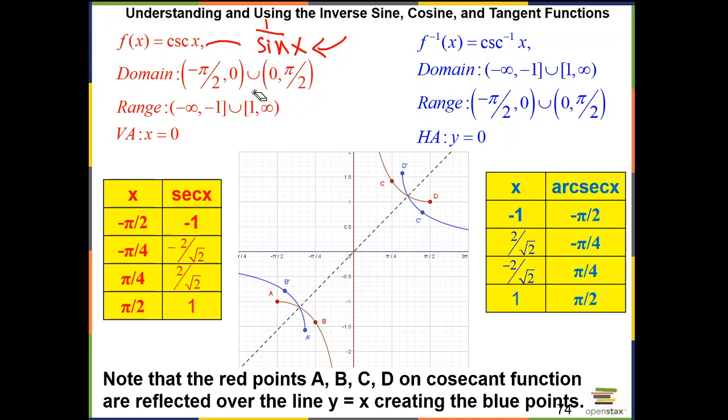That's the restricted domain. And again, we can get one cycle of cosecant, and switch the 4 points, switch x and y, and you see the blue ones, and there is one vertical asymptote, which is actually the x-axis itself, right?